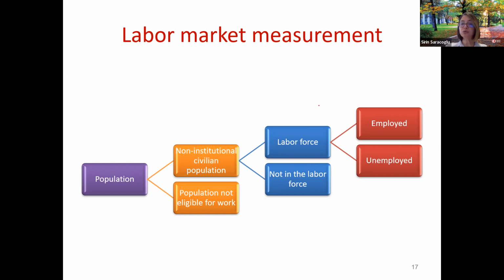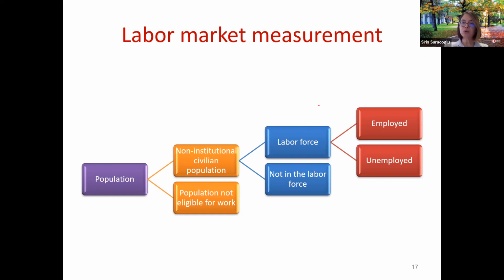On the other hand, people who are unemployed are those who are out of a job, who do not yet have a job or who have lost a job, but are still currently actively looking for a job, okay, who want to be employed. People who are not in the labor force, they are not looking for a job, right? They are not wanting to be employed. It's very different from each other.